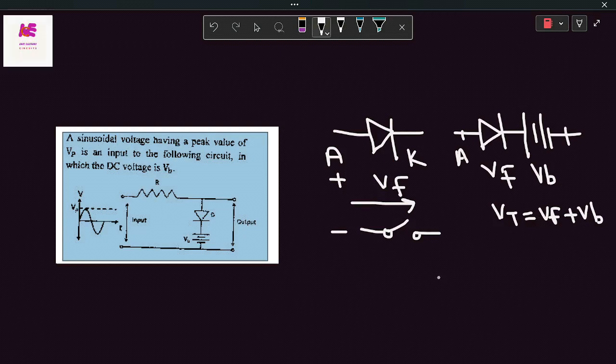Here the diode with DC bias voltage is given and we have to find out the nature of output waveform. The condition to start the conduction is that if the sinusoidal positive input voltage at anode goes above the total voltage, which is forward voltage drop plus DC bias voltage, the diode will be on state.